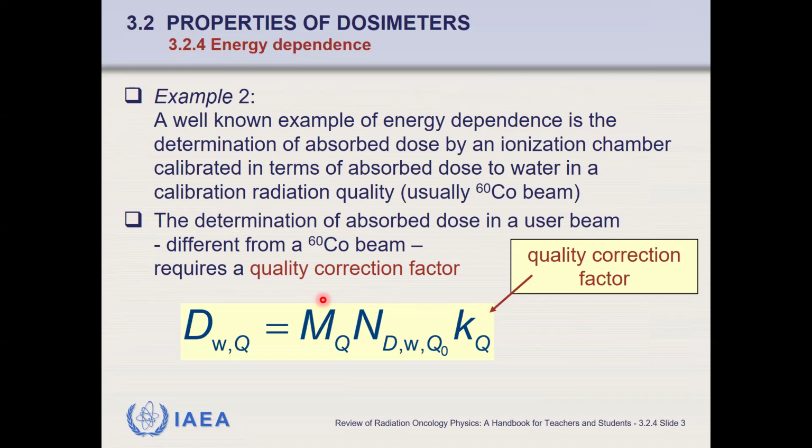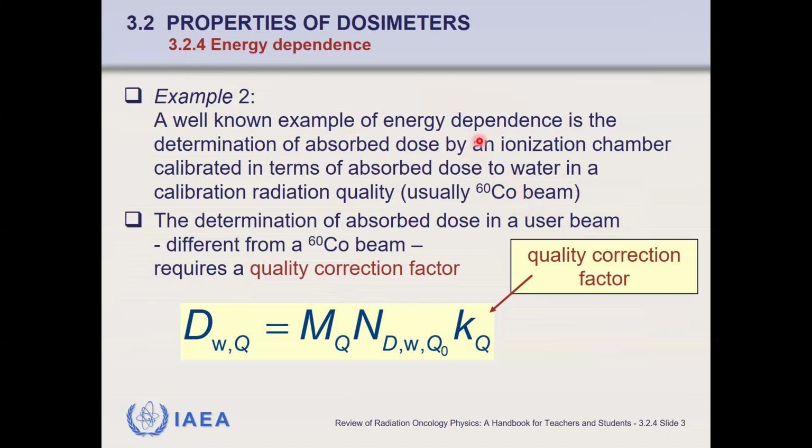The concept of energy dependence is illustrated through the determination of absorbed dose using an ionization chamber. The ionization chamber is initially calibrated in terms of absorbed dose to water, typically using a calibration radiation quality such as the Co-60 beam.